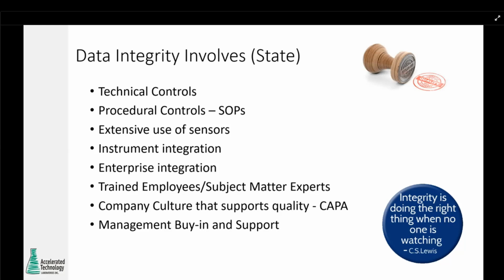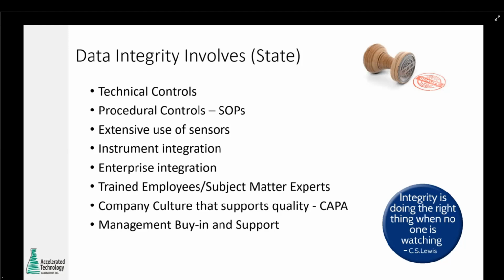So this could be with the CRM, it could be with SAP, an accounting package, making sure employees are trained as well as subject matter experts, so that you have on file copies of resumes and training certificates that they've obtained through completing various trainings, whether it's safety training, fire safety training, or lab safety training.